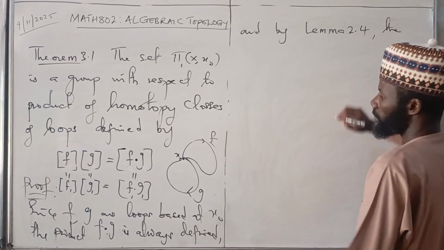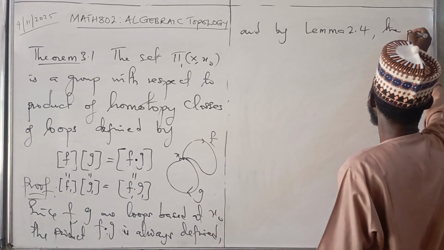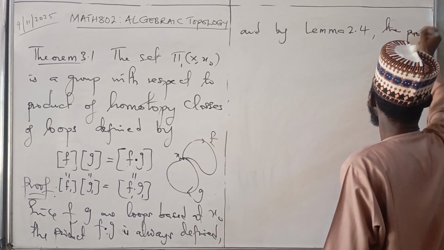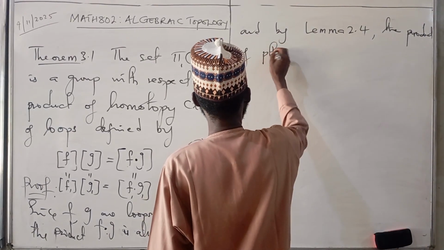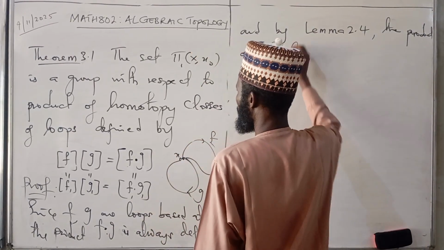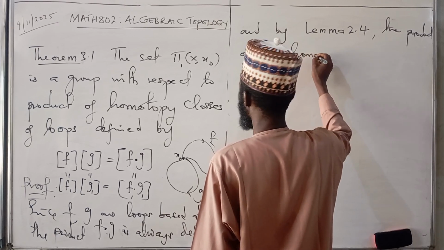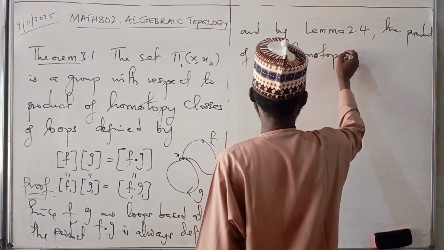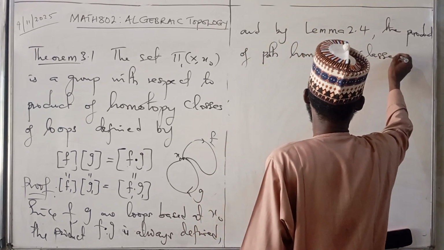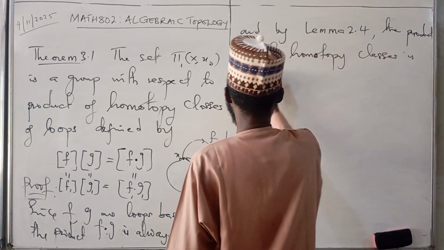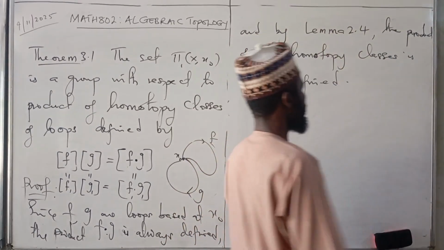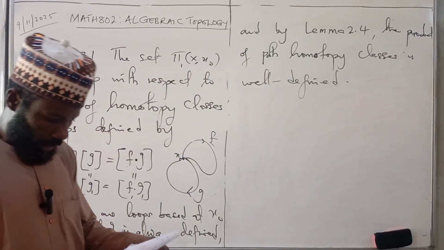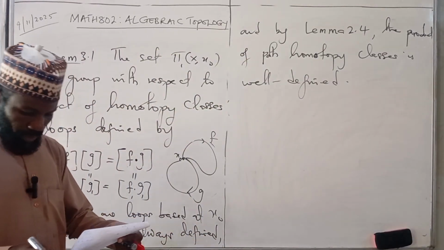The product of path homotopy classes is well defined. So that lemma has already done the job for us. Okay?